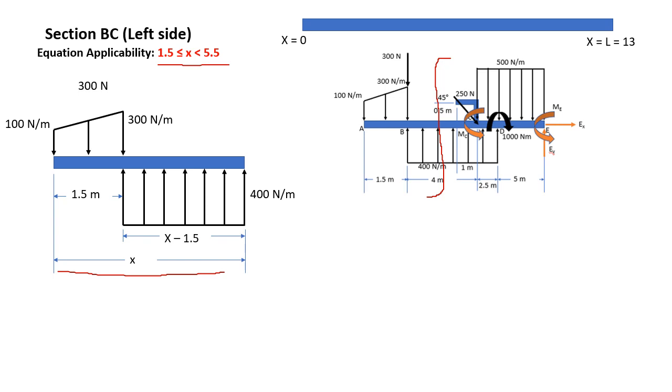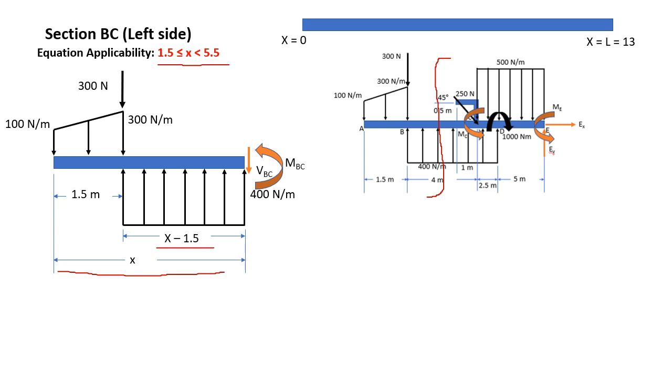Again, it's not sectioned. So the height of the trapezoid is 300 Newton per meter. The base is 1.5. Therefore, this length over here is x minus 1.5. And then don't forget, we can now include the 300 Newton force in this diagram. Also, don't forget your downward force, VBC, and your MBC.